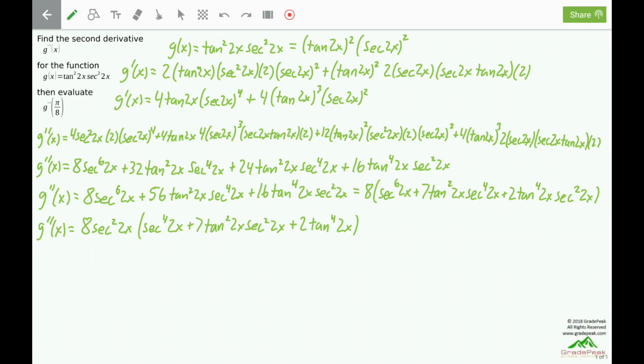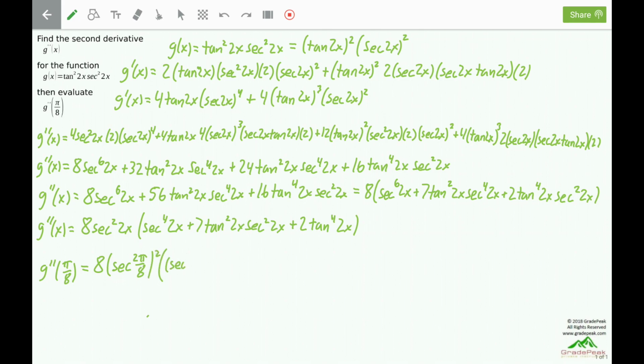The next thing to do is to evaluate g double prime of pi over 8. And that will give us 8 times, now remember secant squared means the secant first, and then square it.